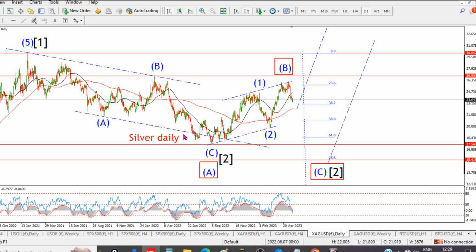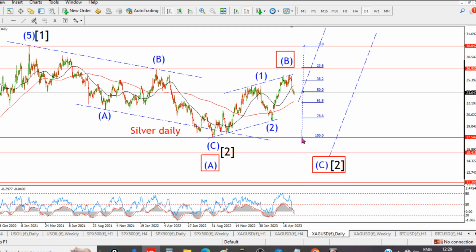That took 18 months or more to bottom out in silver, and this has taken 9 months to go higher or more. Actually, probably closer to 10 months now. So 18 months down, 10 months up. And what have we retraced, let's say, so far?